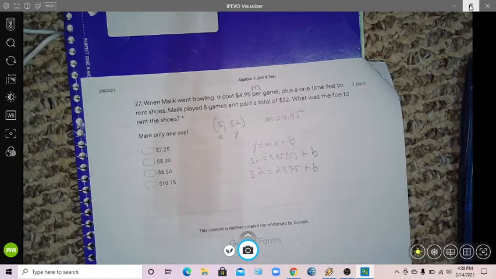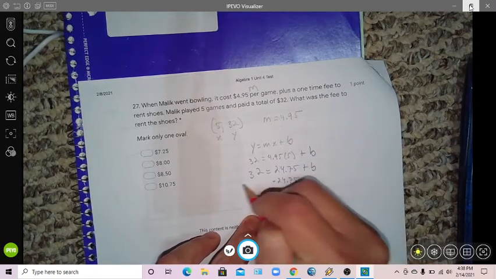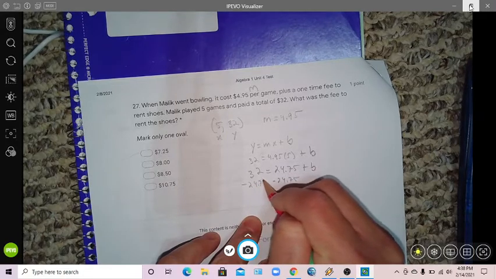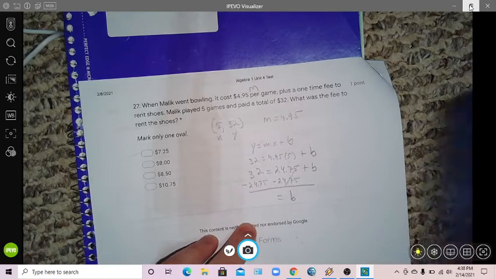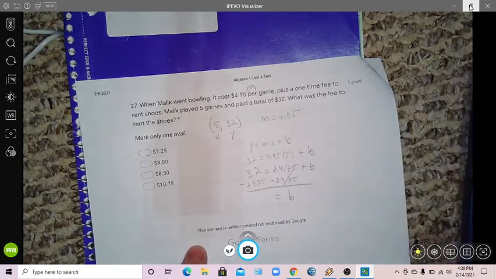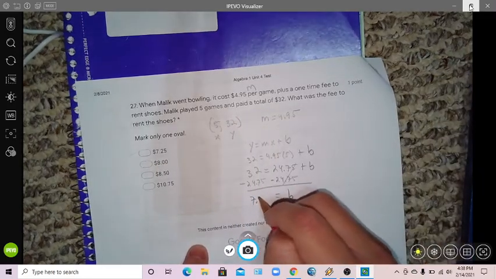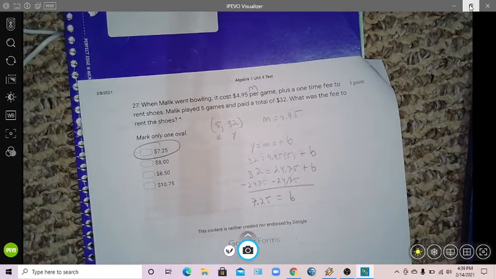Let's go ahead and subtract $24.75. Alright, so I get the b equaling 32 minus 24.75. 32 minus 24.75, and that gives me $7.25. That's what he had to pay in the beginning for the shoes.